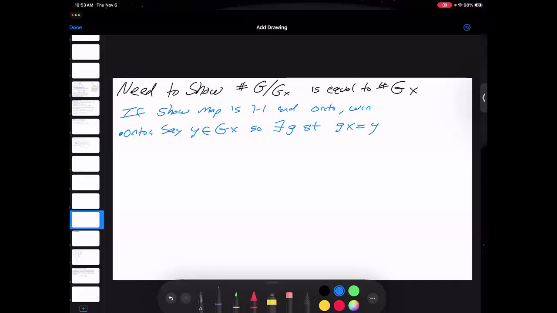But G is equal to the union of the cosets, let's call it maybe a_k G_x. It's got to be equal to the union of all the cosets. So g in G implies g is in some coset.